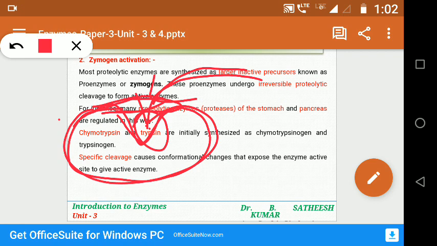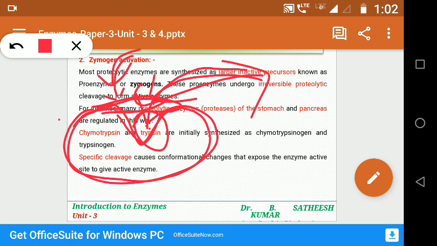For the activation of this zymogen, trypsinogen, we have to break the chain here. Then this chain, which is on top of the active site, will be removed. This proteolytic cleavage will expose the active site of the enzyme and the enzyme becomes active and catalyzes the hydrolytic reactions.